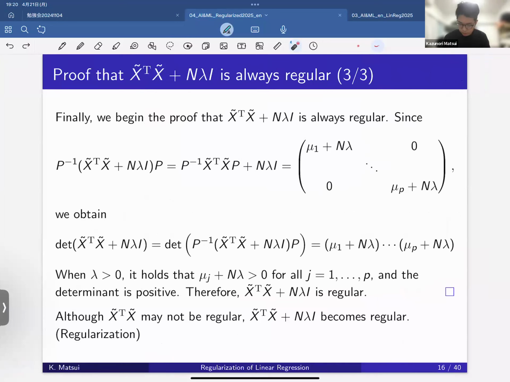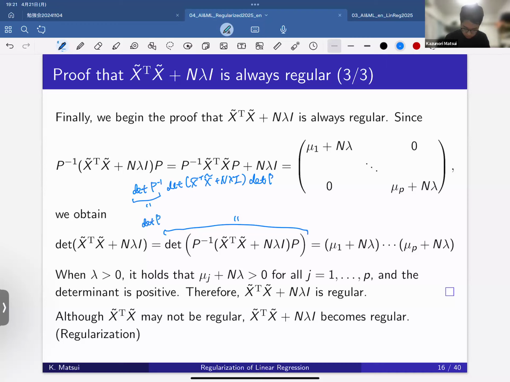Finally, we begin the proof that x tilde transpose x tilde plus n lambda I is always regular. Since we have that, we take the determinant and obtain this. This part is equal to determinant of P inverse, determinant of x tilde transpose x tilde plus n lambda I, determinant of P. And the determinant of P inverse is the inverse of the determinant of P, so they cancel out.